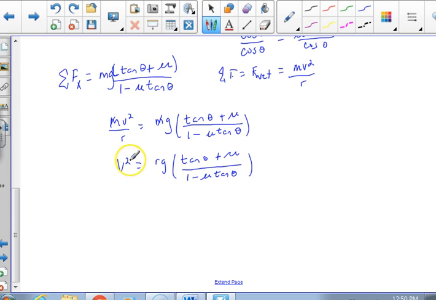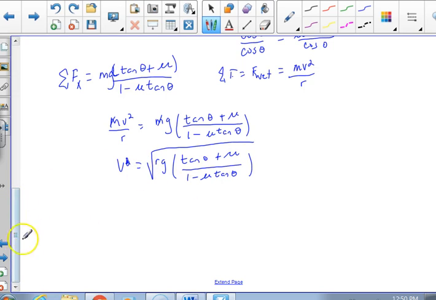And of course we need to take a square root for that, so taking the square root of both sides, we get v equals the square root of rg times tangent theta plus mu divided by 1 minus mu tangent theta. Okay. Now, let's think about what this means again.